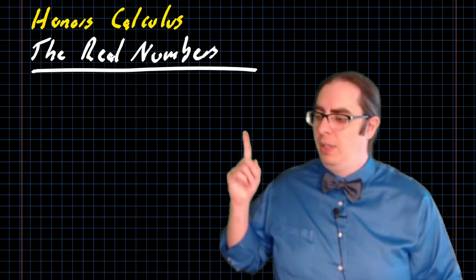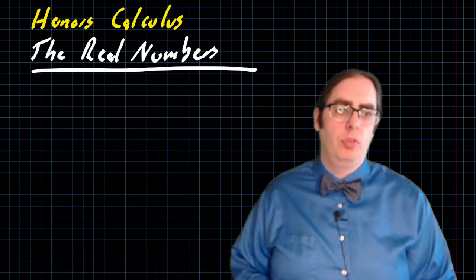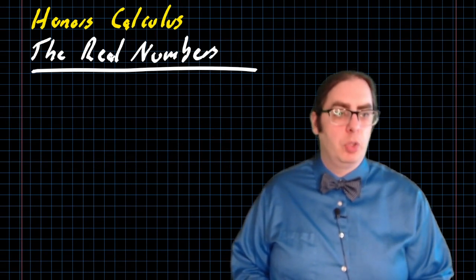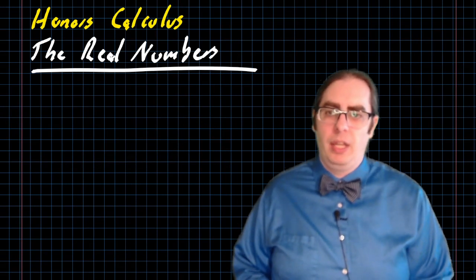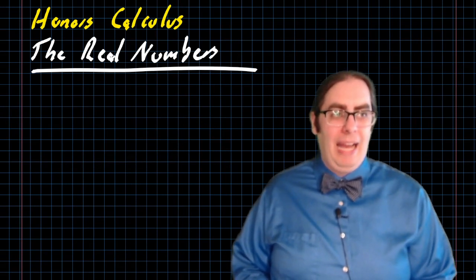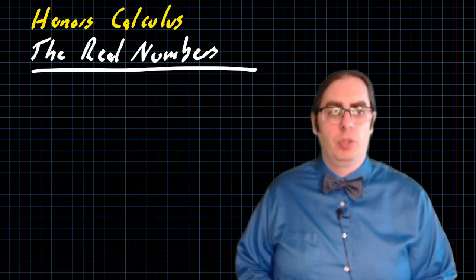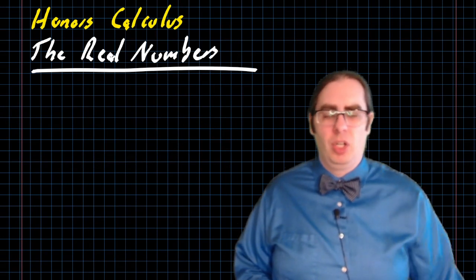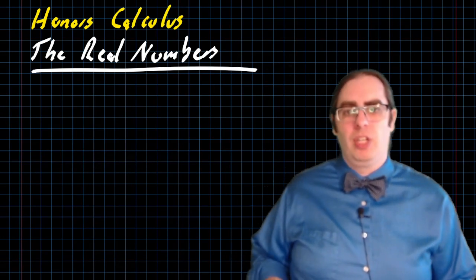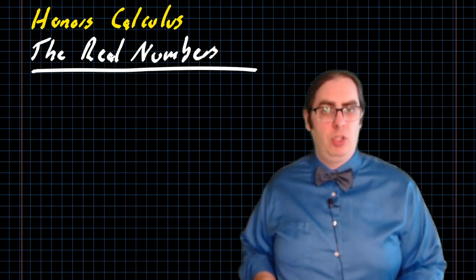In this video, as it says above me, we're going to be talking about the real numbers. Last time we were talking about some of the other sets of numbers, and I mentioned that after you get through the natural numbers and the integers and the rational numbers, most algebra teachers give this hand-waving argument of there's a bunch of numbers that aren't rational, that can't be written as fractions, and we need something to do with them.